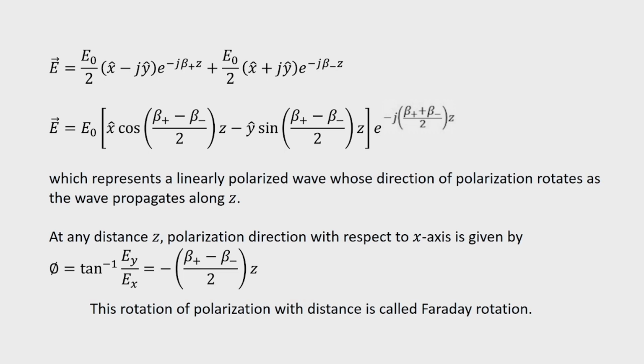This Faraday rotation is an important property of ferrite biased by a magnetic field, and we will see how this property is utilized in designing microwave devices such as isolator and circulator.